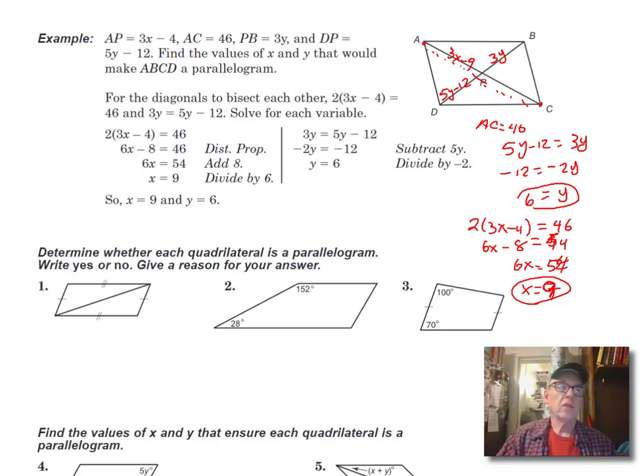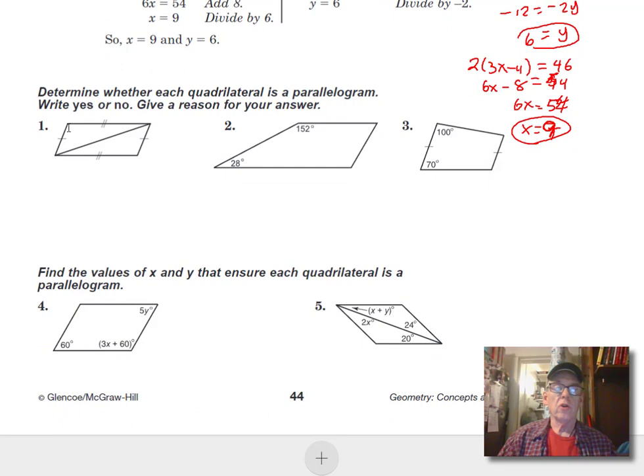Okay, let's look at these next problems. Determine whether each quadrilateral is a parallelogram, and write yes or no and give a reason. So if we look at number 1, we've got pairs of opposite sides that are congruent, and if you have pairs of opposite sides congruent, that's enough to be a parallelogram. So that's a yes. Looking at number 2, if we do like the parallel lines with the transversal here, these are same side interior angles.